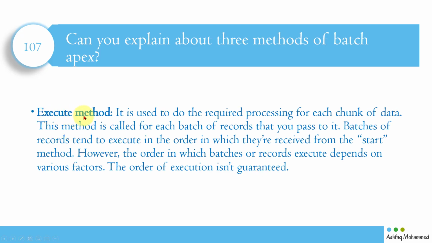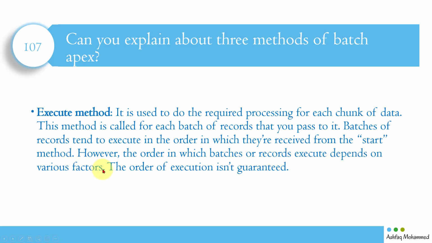And the second method is the execute method. It is used to do the required processing for each chunk of data. Okay, this is the main method where your actual job will divide the records and do its processing. This method is called for each batch of records that you pass to it. Batches of records tend to execute in the order in which they were received from the start method. However, the order in which the batches of records execute depends on various factors.